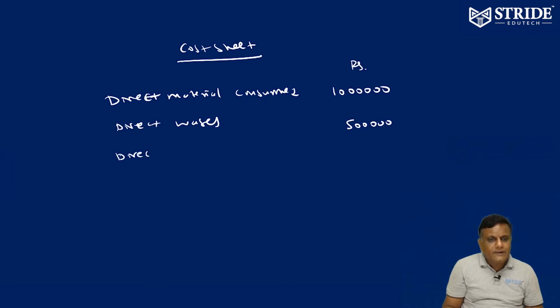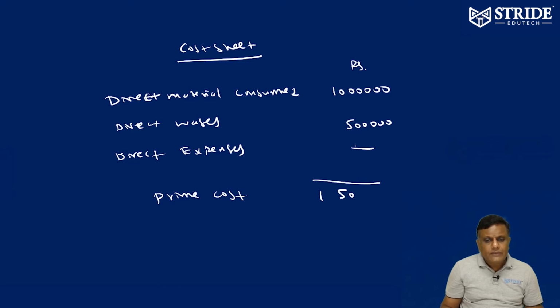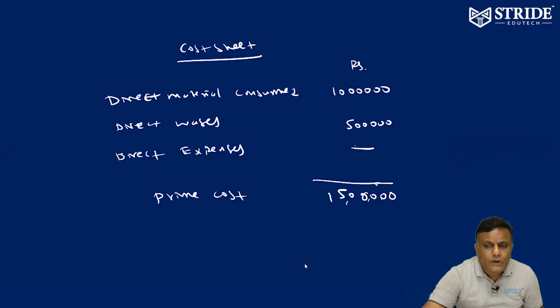Direct expenses, like royalty on production and machine hiring charges, are not given, therefore dash. If you add these three things, you get the prime cost in the cost sheet, which is 15 lakhs.